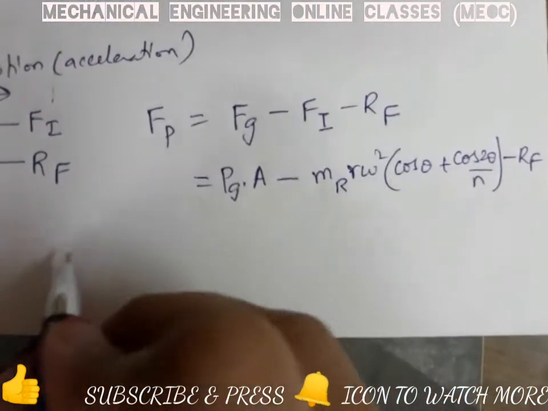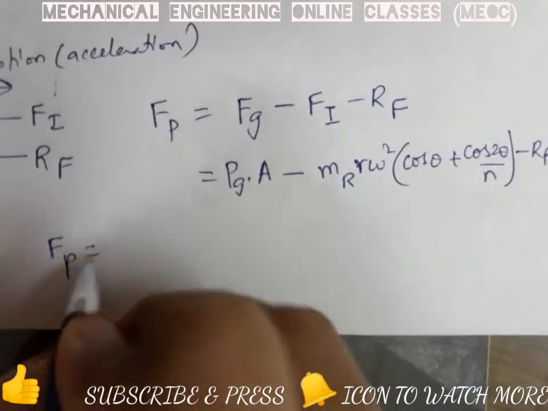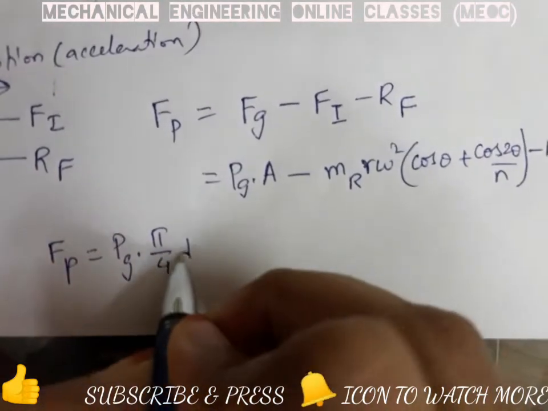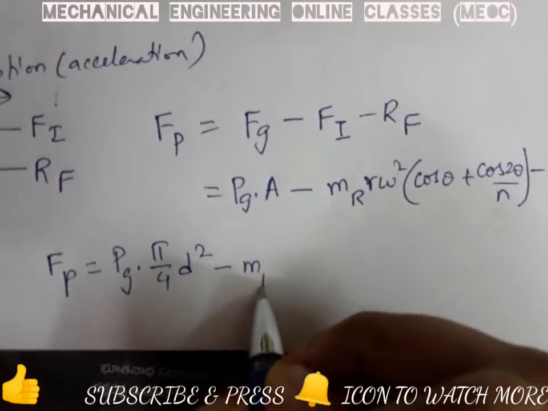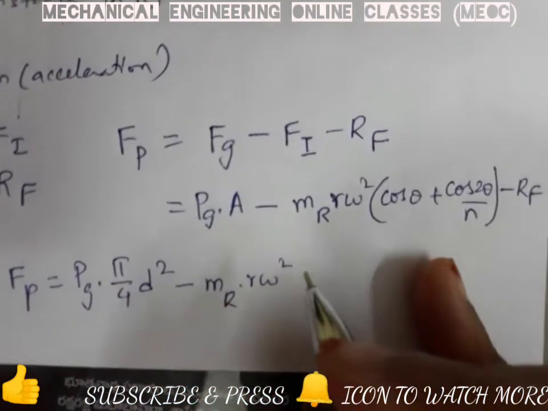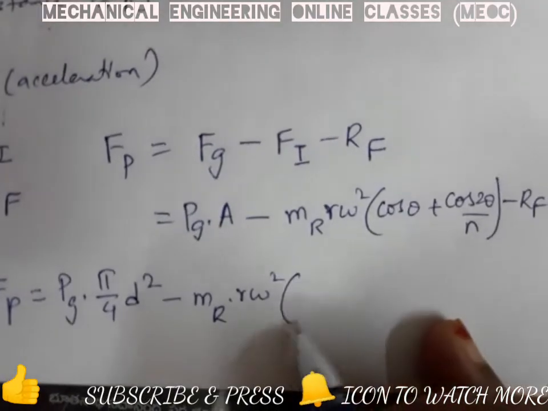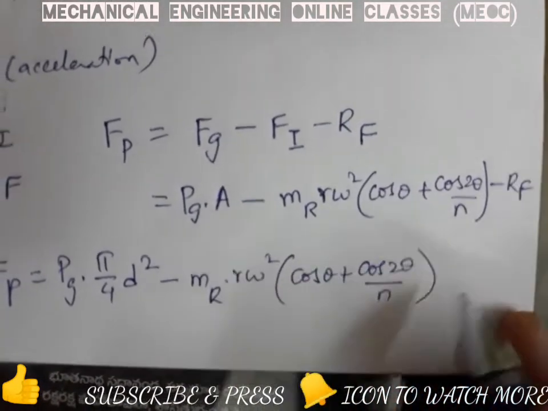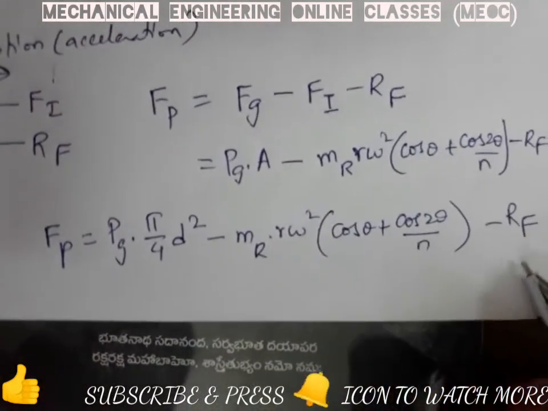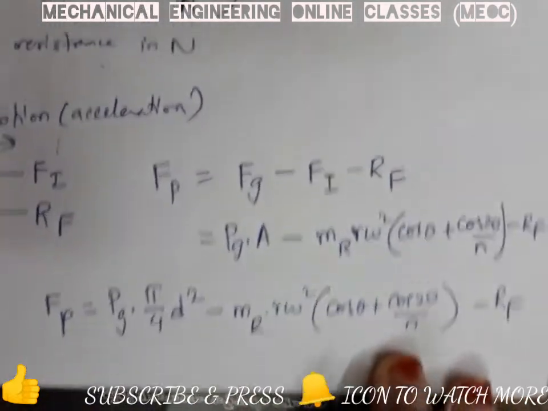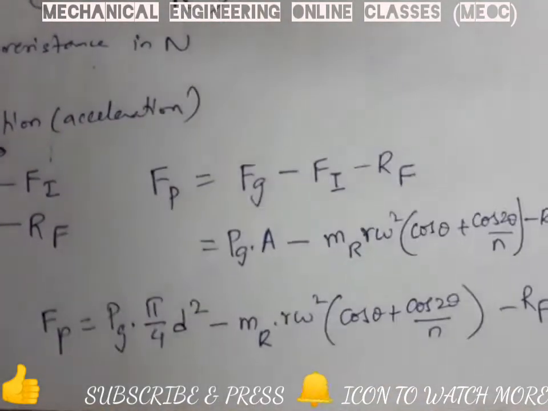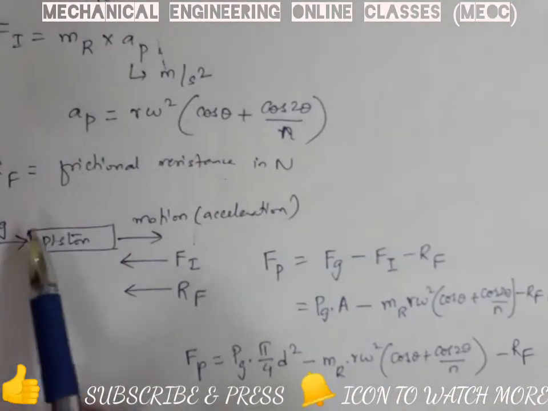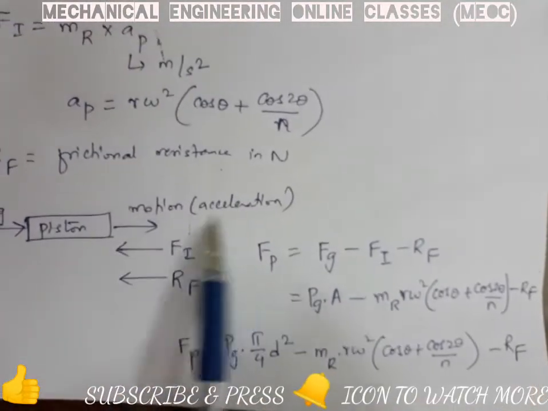So if we want to write it in full terms, it is pressure into pi by 4 d square minus mr r omega square into cos theta plus cos 2 theta by n, minus Rf. So this is the piston effort. This is the net force acting on the piston when the piston is moving rightward or towards IDC, which is acceleration.